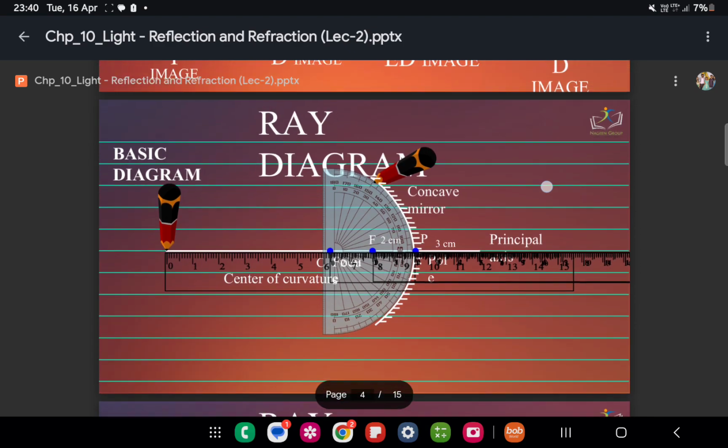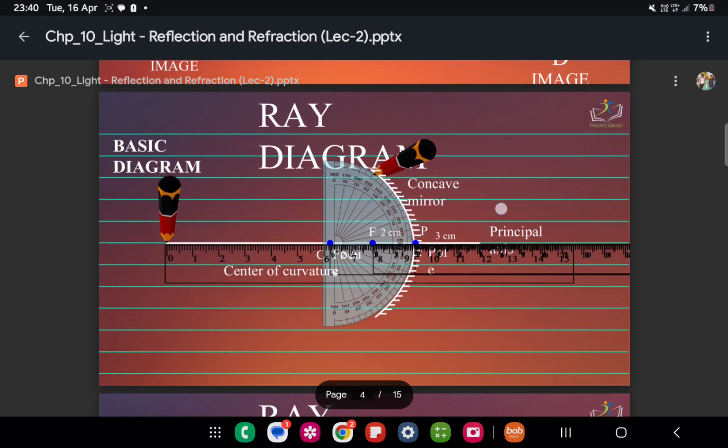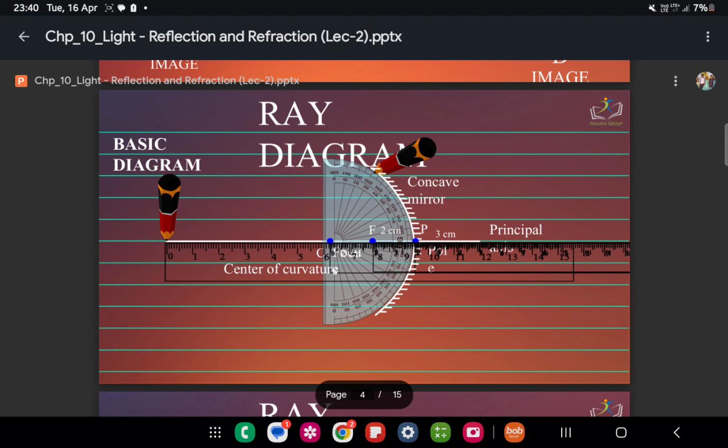Next, coming to the ray diagram. How will the ray diagram of the concave mirror be? We will see in this diagram. This is a very beautiful diagram. It represents all the ray diagrams and all the basic points of the ray diagram of the concave mirror.